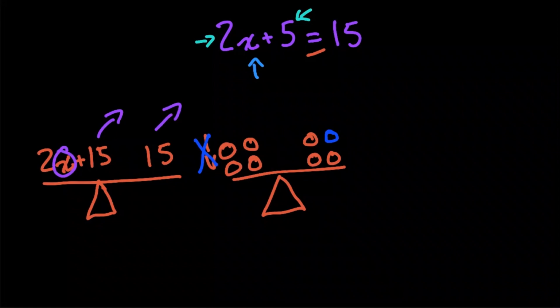Now let's try solving the equation now that we know what to do. So we have 2x + 5 = 15. Whenever we solve equations, we have to follow reverse PEMDAS. So let me just write that over here on our left.